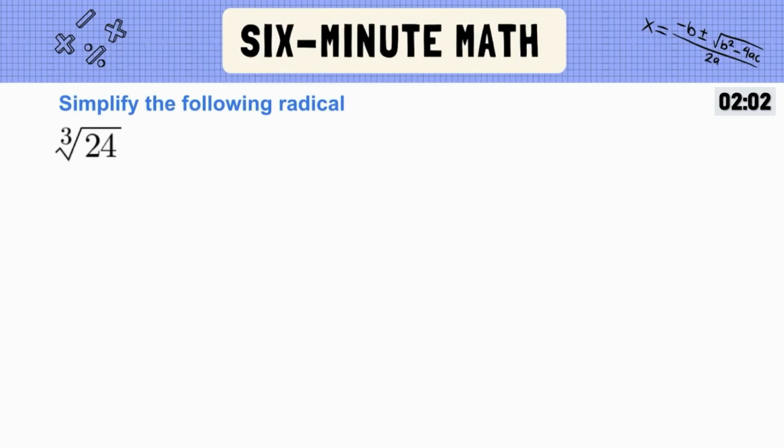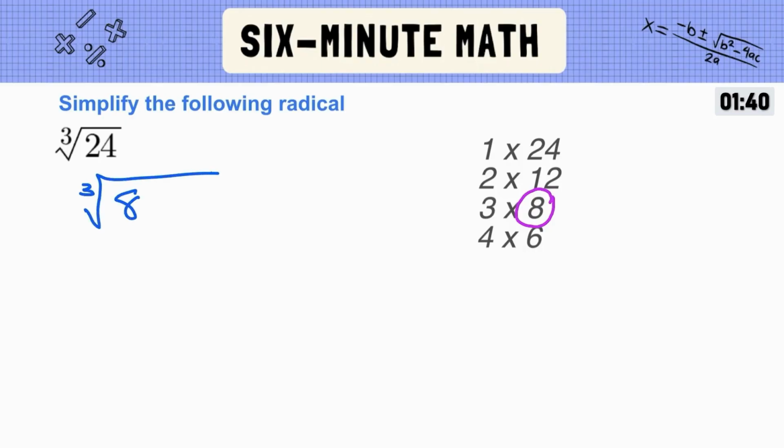Let's simplify the following. Now it might be a little different. In this case, we have a cube root. So instead of finding our highest perfect square, we're going to find our highest perfect cube in our factor u. In this example, we only have one perfect cube, which is 8. So that is what we are going to use.